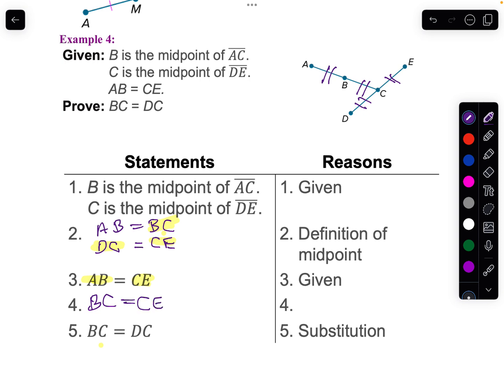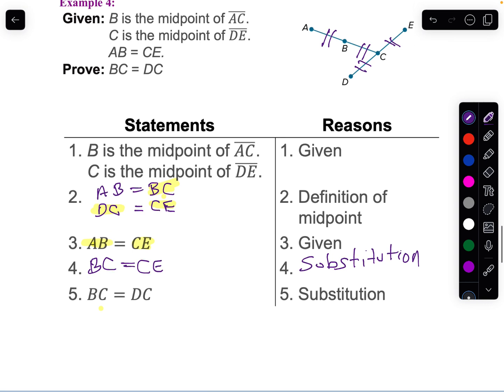Like I said, we don't need that 4th step, but I'm going to put it in anyway. That's substitution. Sometimes it's harder to fill in other people's proofs because I have to read their mind. I could have gone straight to step 5 and said BC equals DC by substitution. Where would I get substitution from? That goes back from algebra. Whenever you write something instead of something else, that's going to be substitution. That was clear as mud, wasn't it?